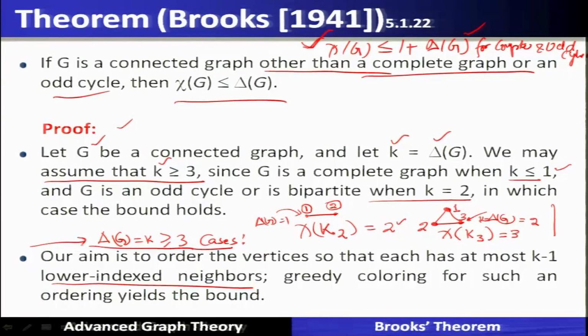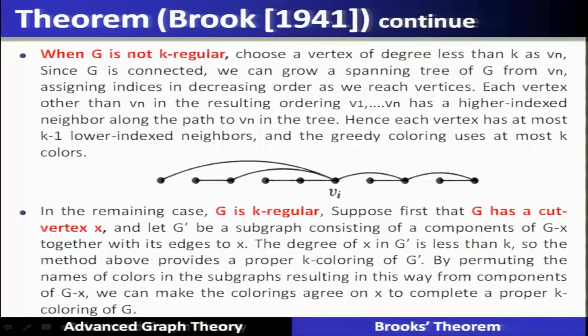So let us see how we are going to order the vertices so that this particular condition holds, that each has at most k minus 1 lower index neighbors. Then only we can give a greedy coloring with k number of colors. So let us see the steps in the Brooks theorem.